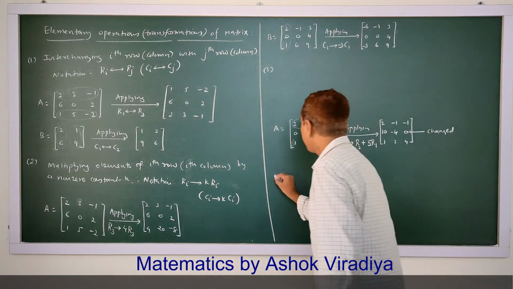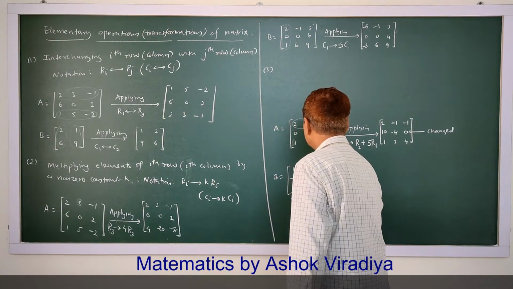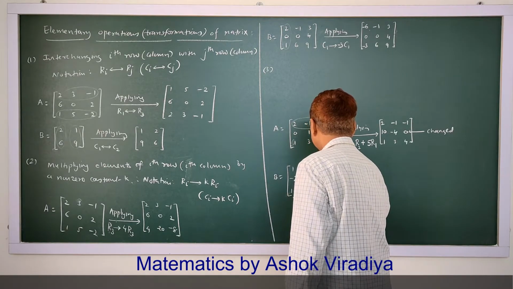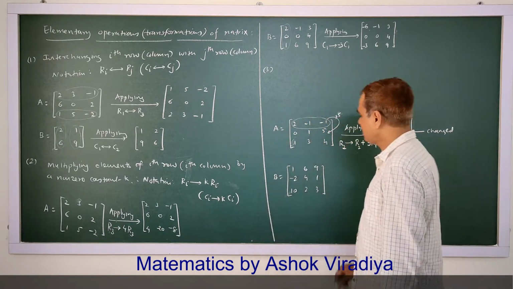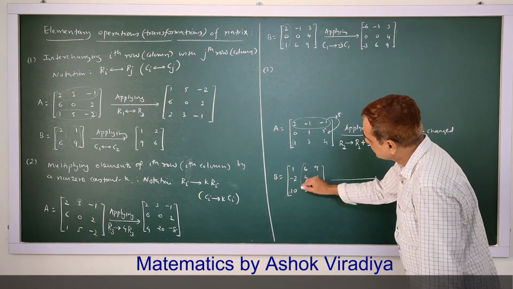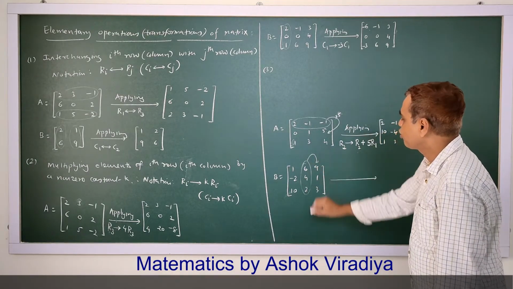Suppose matrix B is 1, 6, 9, minus 2, 4, 1, 10, 2, 3. Now, second column I want to subtract in the third column.